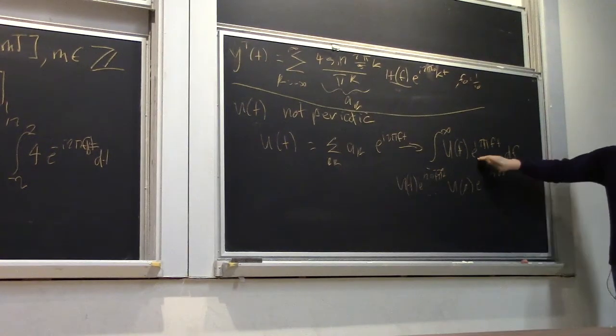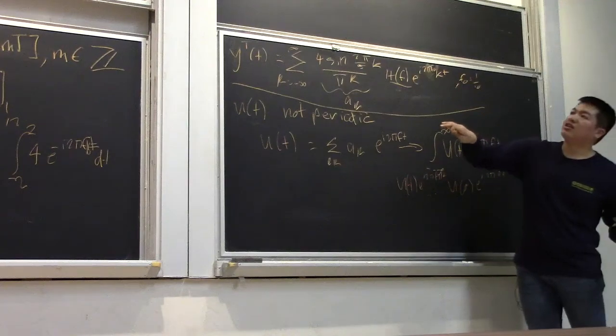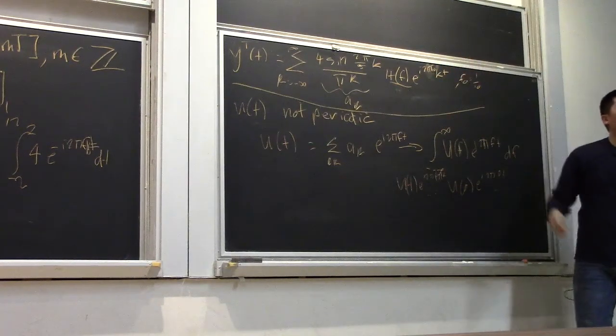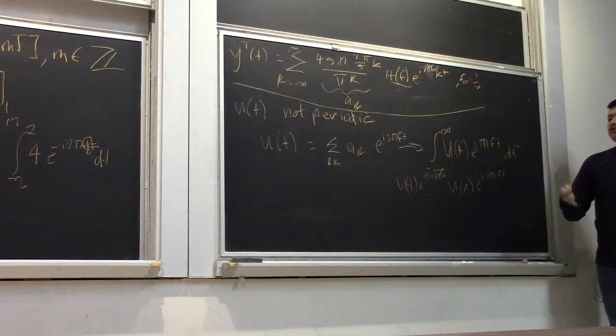So in a sense, this is representing what we're doing over there. We're representing it using the eigenfunction property.